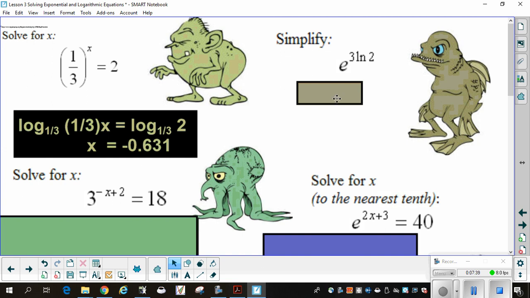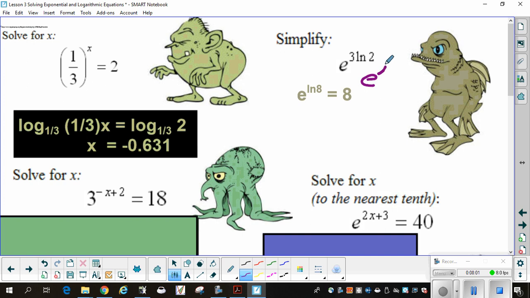Now, over here, e raised to the 3 natural log of 2. There's nothing to do here but plug it into the calculator. Now, I can, and if you plugged into the calculator, you should get 8. If you do it by hand, however, remember that this becomes e to the natural log of 2 cubed.